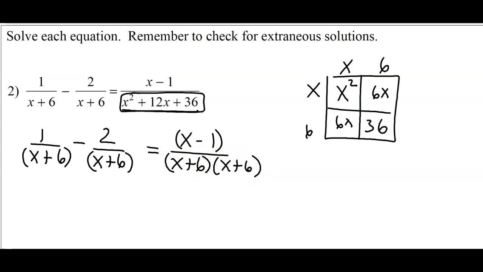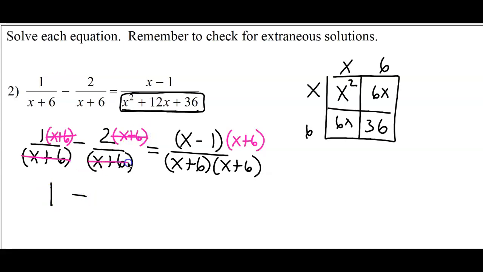Okay, the next thing we're going to do is we multiply everything by the denominators. So we'll start off with an x plus 6 here. So on this one, we can cancel those out, and we'll be left with 1.